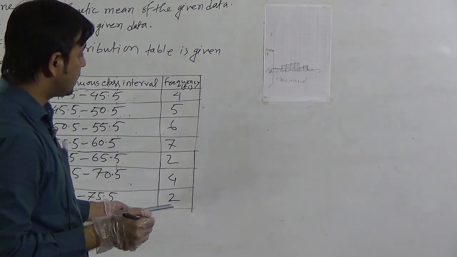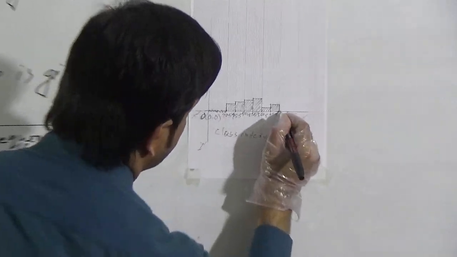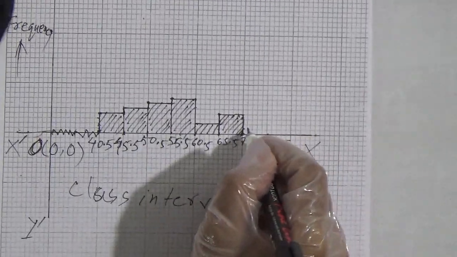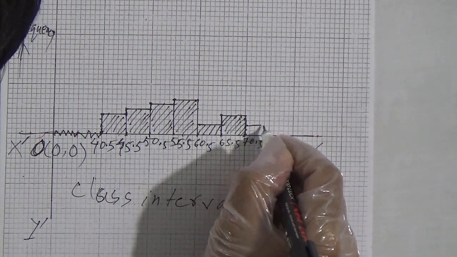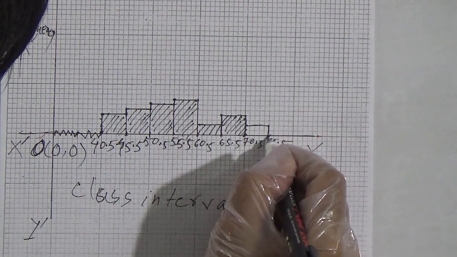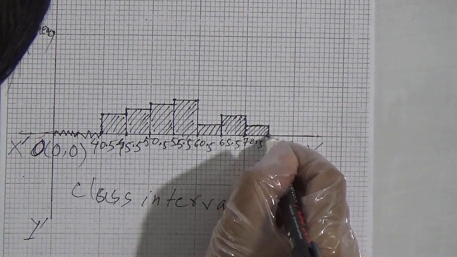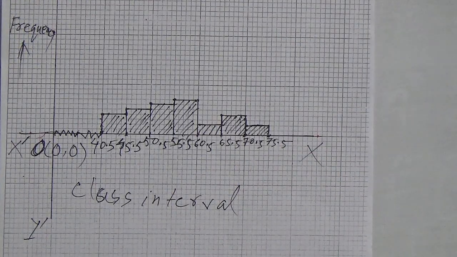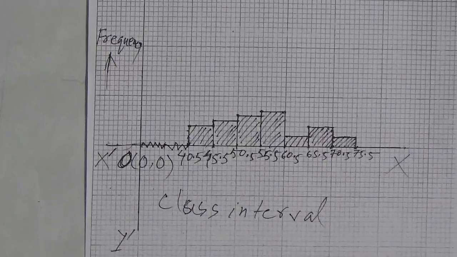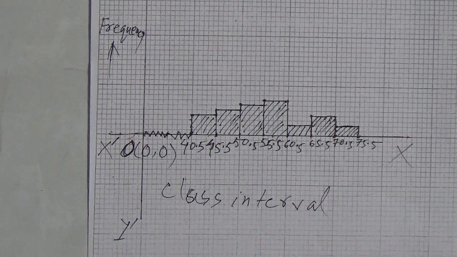Now the last class. Frequency is 2. So this is the rectangle for the last class. This is our required histogram.